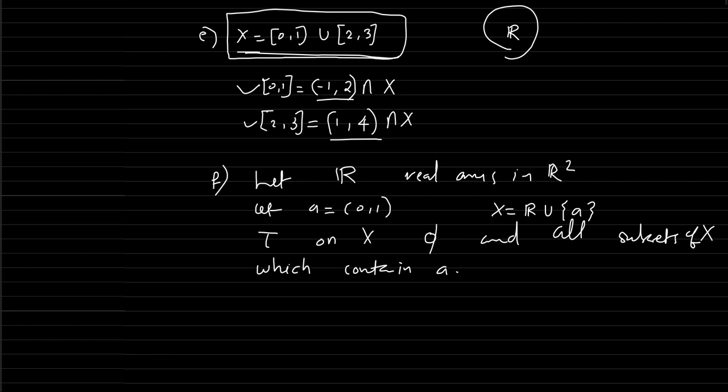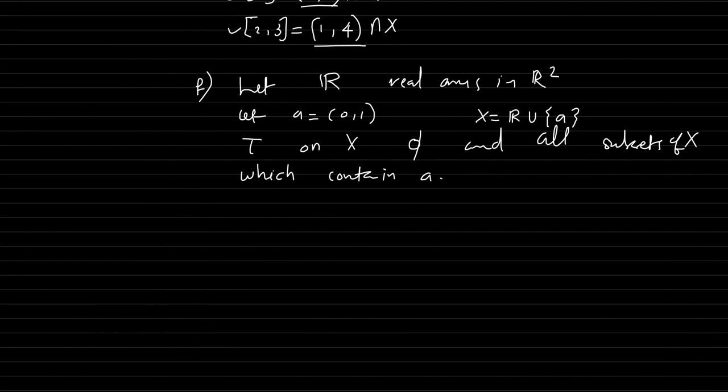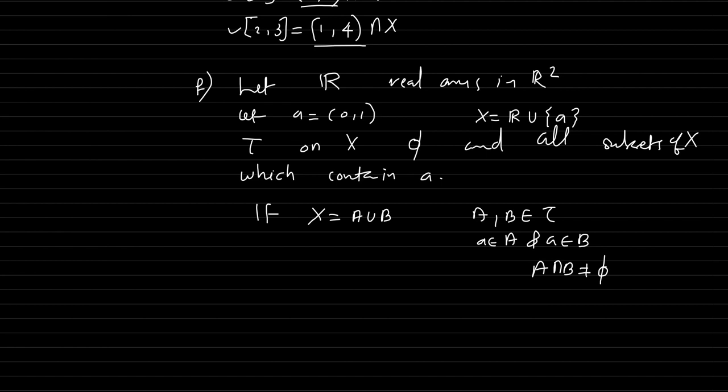Then if X is equal to A union B, and if A and B are two non-empty open sets in X, then A, B belong to τ, and A, B belong to τ and A and B are non-empty, implies that a belongs to A and a belongs to B. Therefore A intersection B is non-empty.